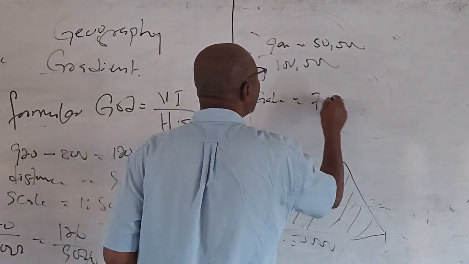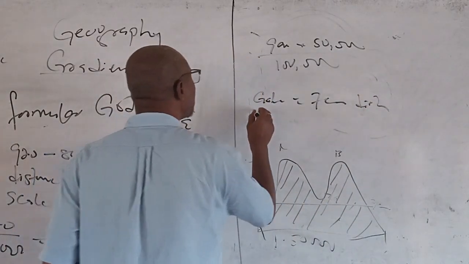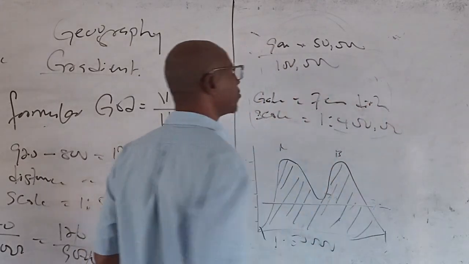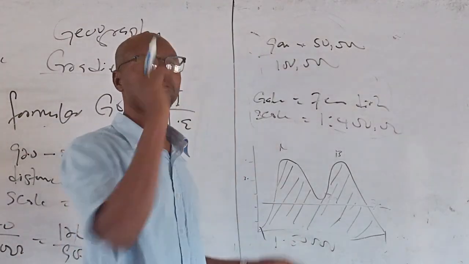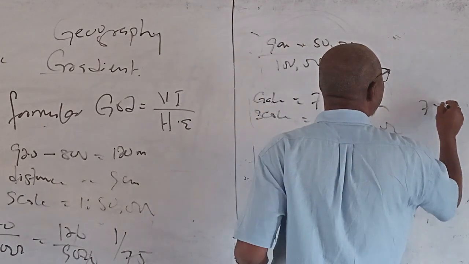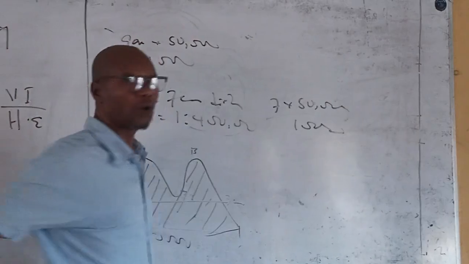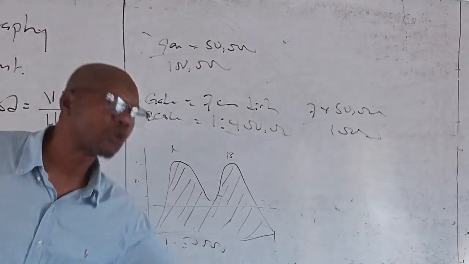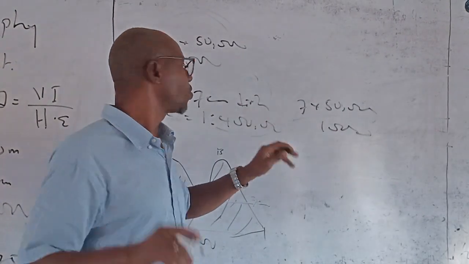So if you want to measure from here to this point, the distance is 7 centimeters and the scale is 1:400,000. Calculate the distance on the ground. Simple. What do you do? 7 times the scale, divided by 100,000. Whatever you get, that's your answer, because if you want to work on the ground, you divide by 100,000, which is constant.